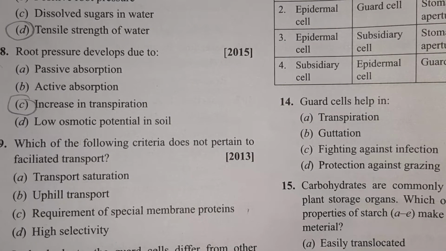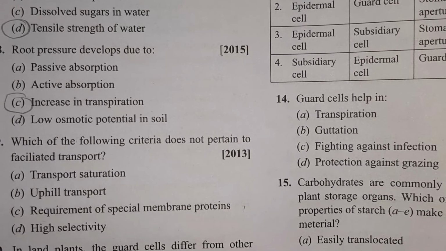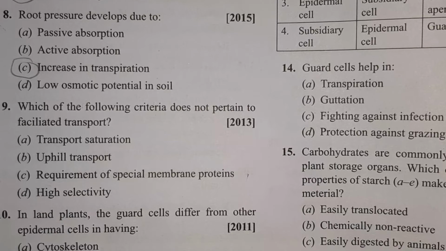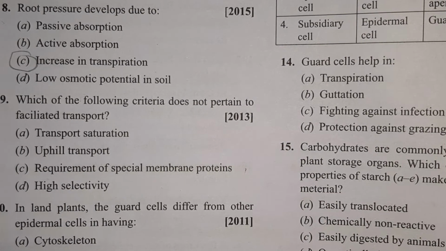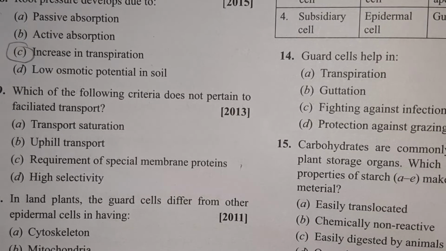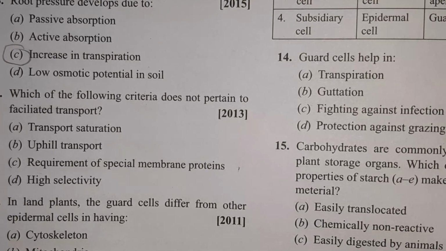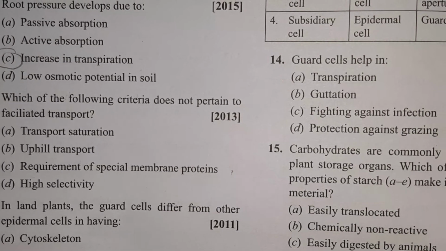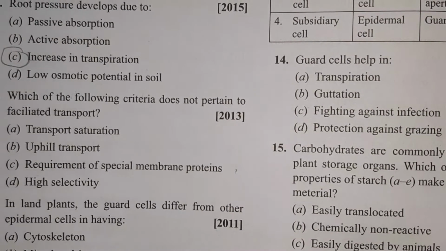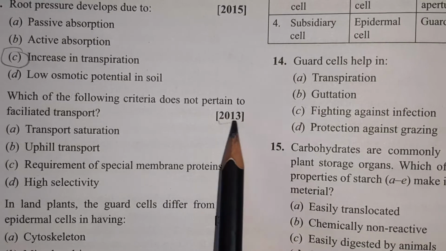Next question we have: which of the following criteria does not pertain to facilitated transport? A. Transport saturation, B. Uphill transport, C. Requirement of special membrane protein, D. High selectivity. This was asked in NEET 2013.